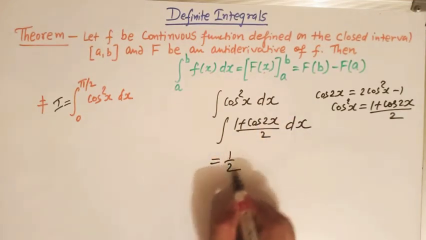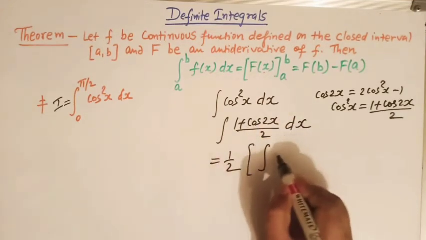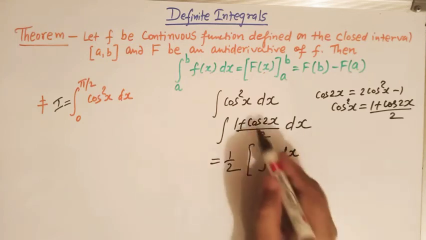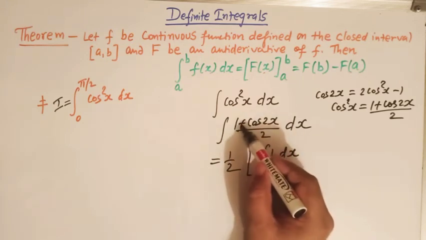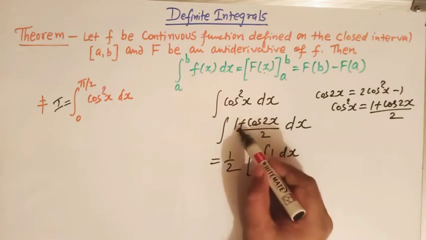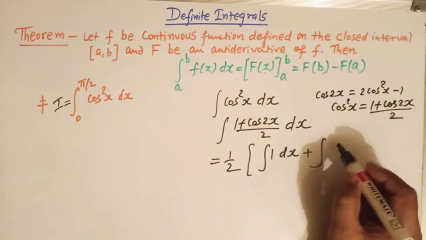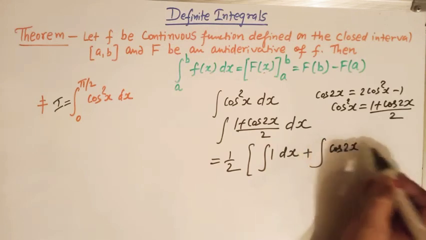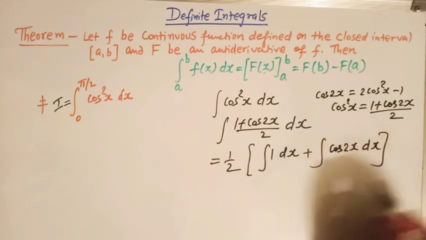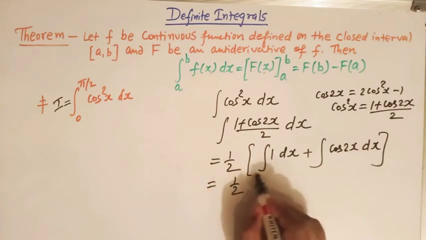Now this can be written as half. We have 1 dx. Separating this integral from this point, that is plus sign. So we have integral cos of 2x dx, right? So this is half.